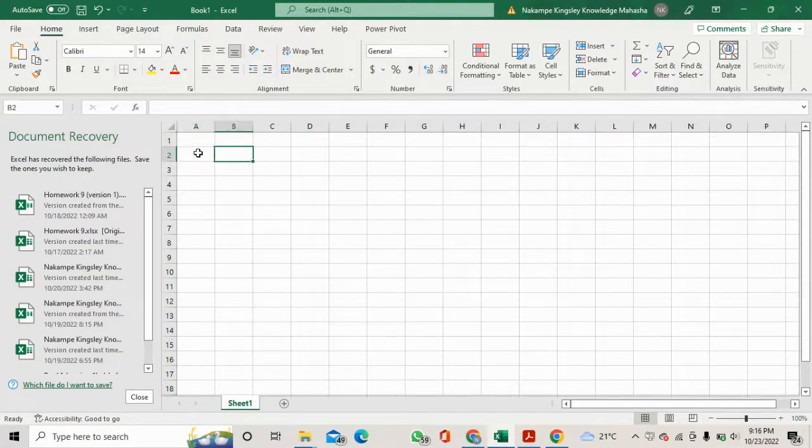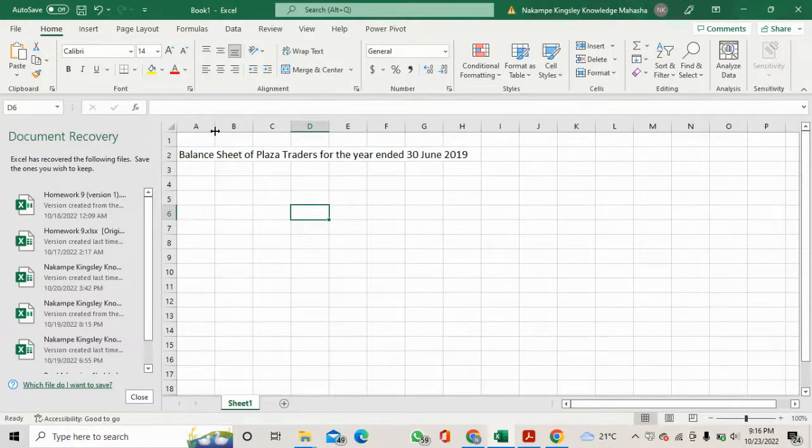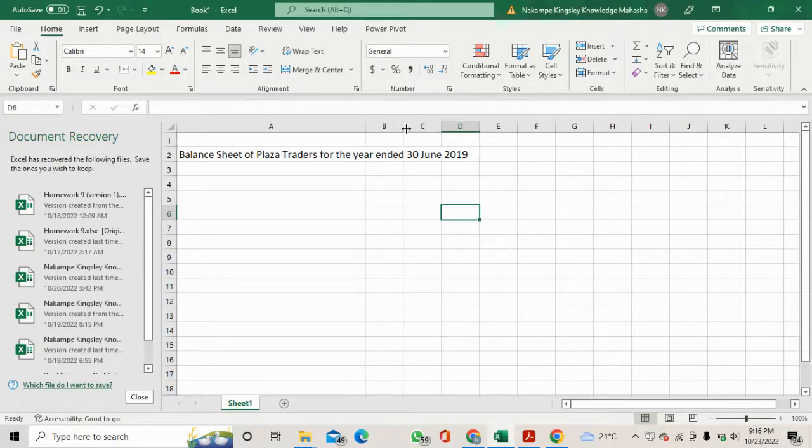So we're going to do this balance sheet. That is how we would have our heading for the balance sheet, guys, and then we would have the format of the balance sheet.